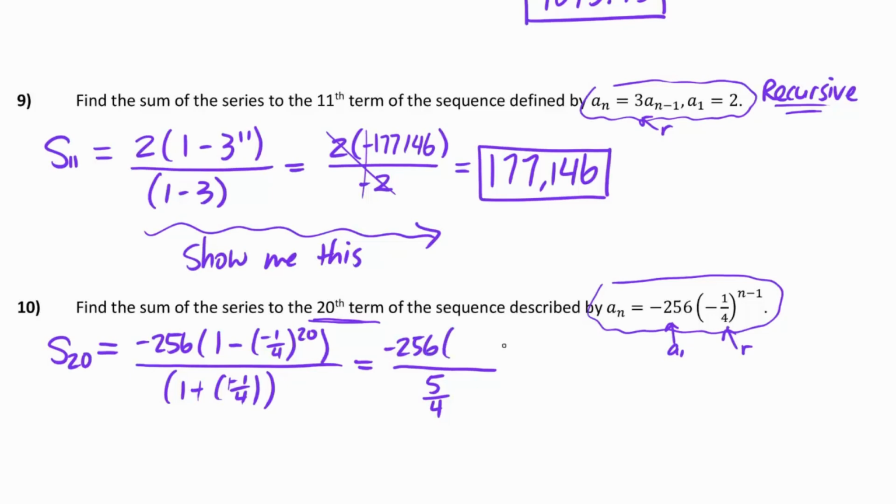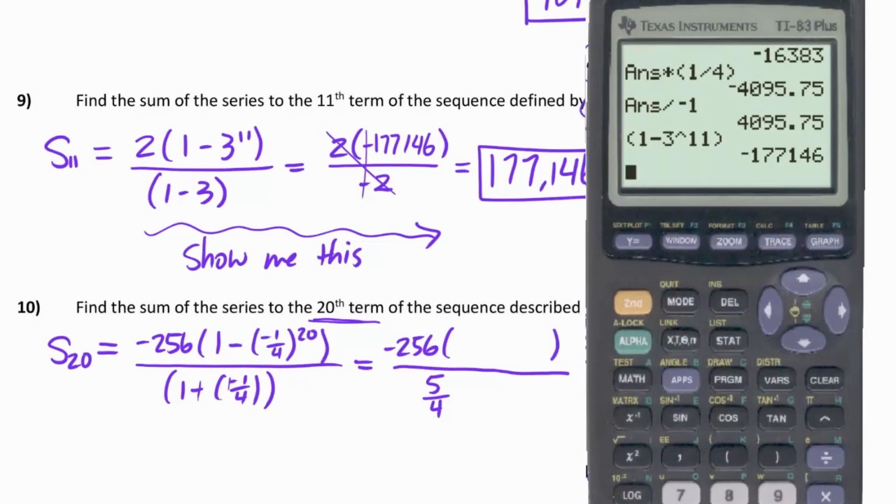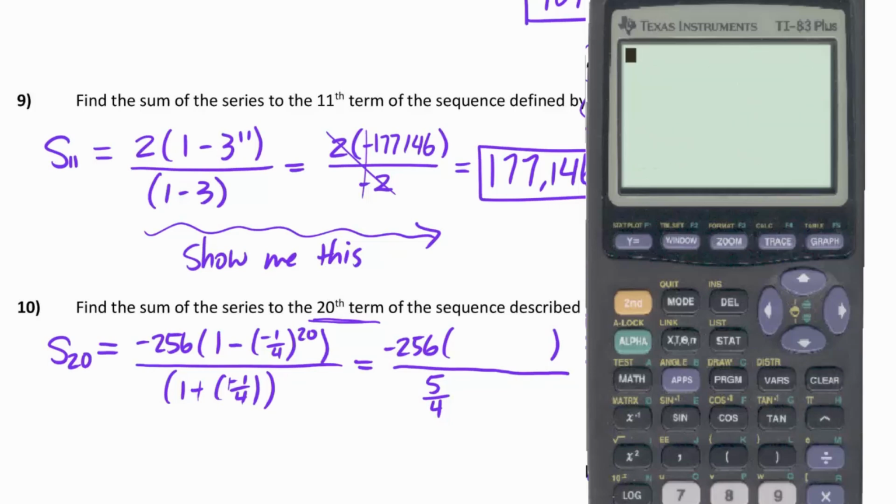We'll get negative 256 in front of probably some weird numbers. So I'm going to keep those parentheses a little bit more open for us. Let's clear everything out. So parenthesis, 1 subtracting, and then we'll put our negative 1/4 in parentheses as well, just to keep it as a number.